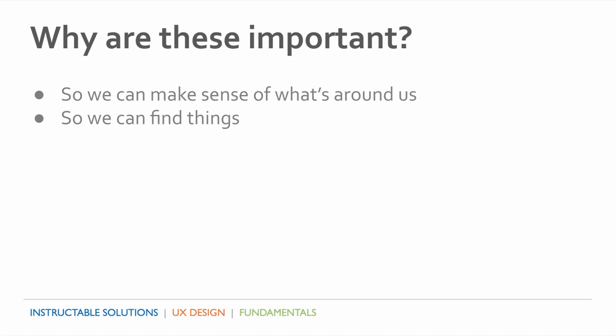We also need to be able to find things. And we can find things if the product or content is tagged in the proper way with the proper vocabulary. Taxonomy is important because it saves time. And taxonomy is important because ultimately it saves everyone money.